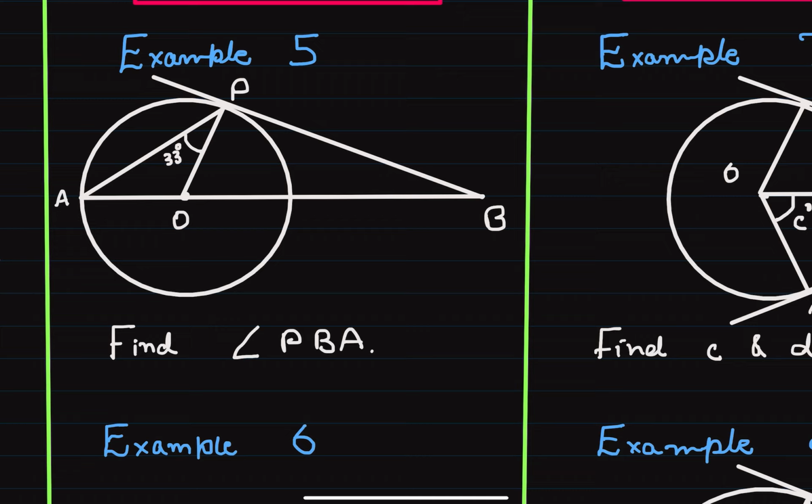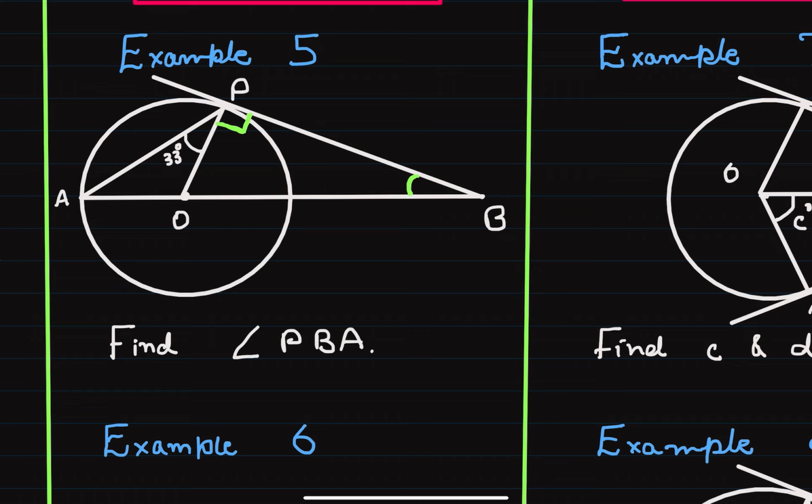We need to work out angle PBA. That means this angle we need to find out, right? So we know from the above example that if this is a tangent drawn as we can see, then this angle is 90 degree, right?